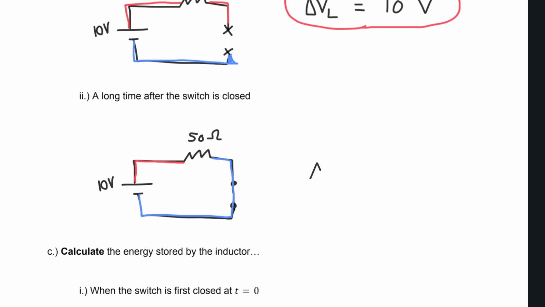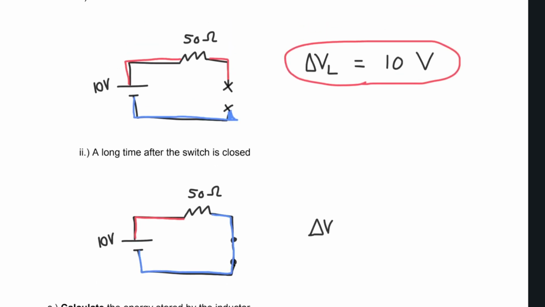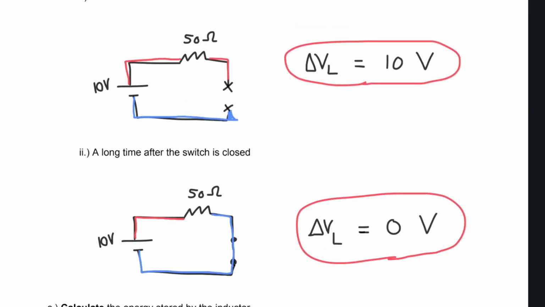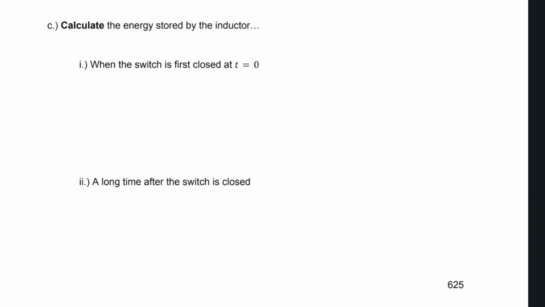So as with capacitors, we see that the voltage across the inductor and the resistor are constantly trading, and in different extreme cases, we either get zero potential difference or the full battery. And again, it has to work that way to satisfy the loop rule.